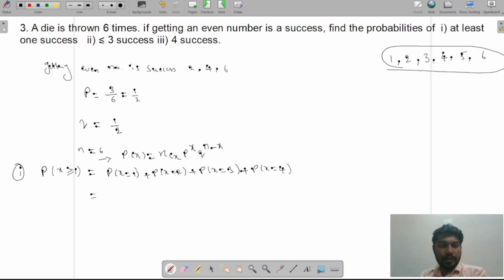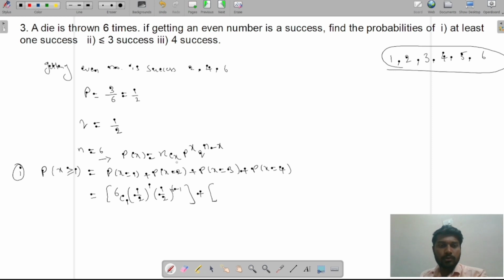So I'm writing the binomial distribution at x equal to 1: 6C1, P is 1 by 2, so 1 by 2 to the power of 1 into 1 by 2 to the power of n minus x, 6 minus 1, plus.